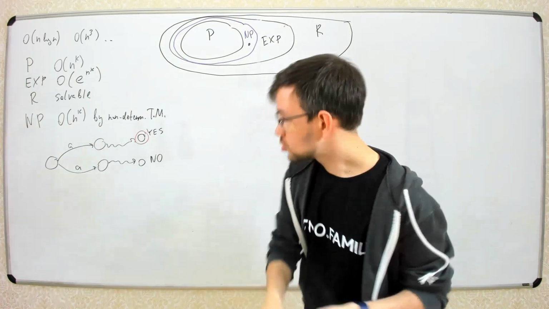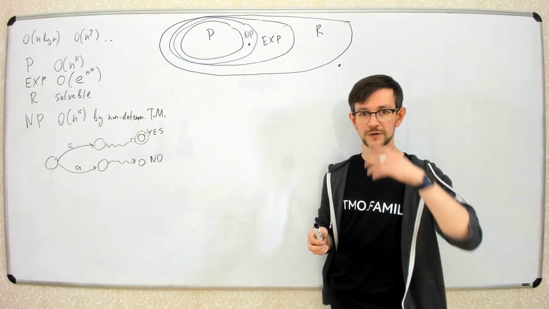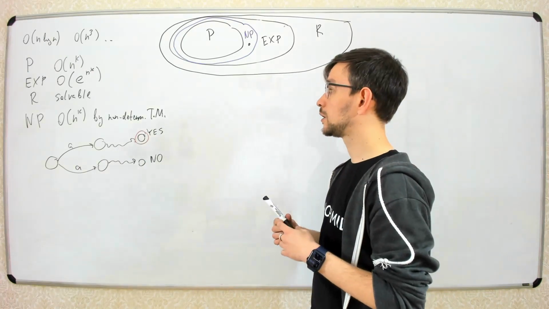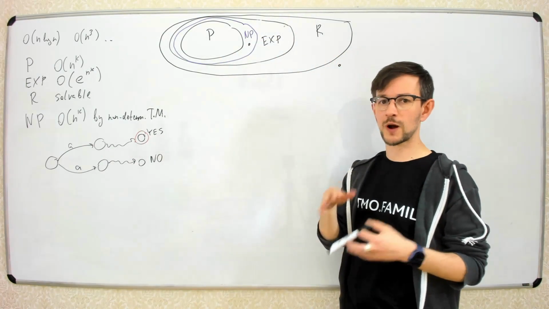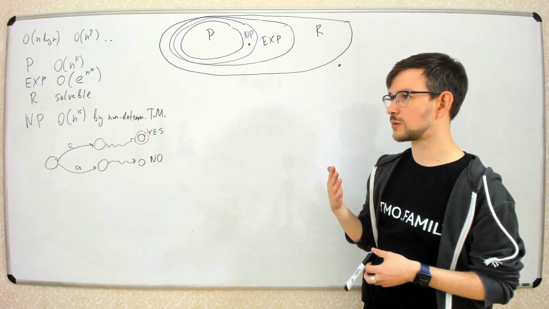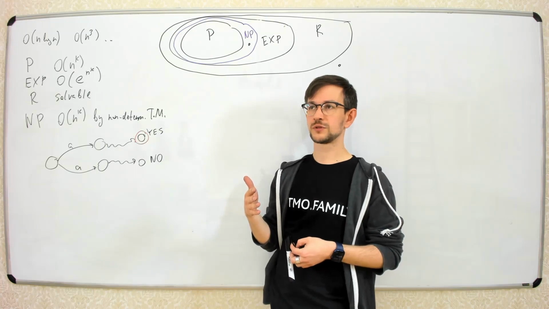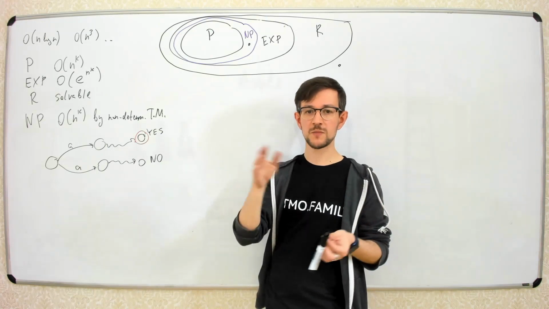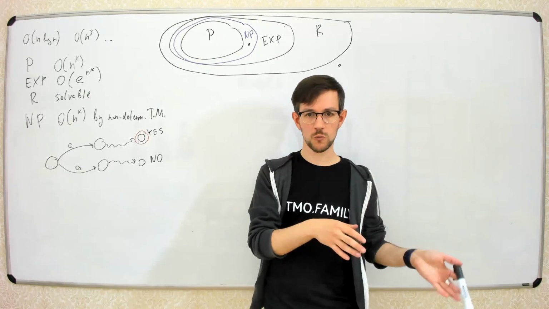Usually in complexity theory, we think only about problems with yes or no answers. All these classes are usually about problems with yes or no answers. If you have some problem where you need to find something, like the optimal path, you can transform your problem into a yes/no problem like this.